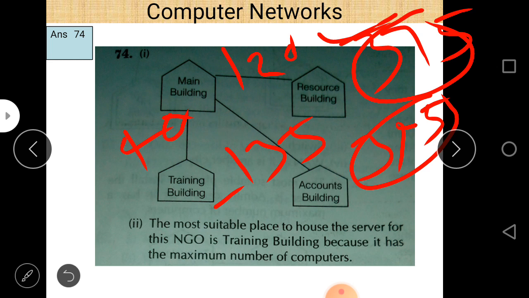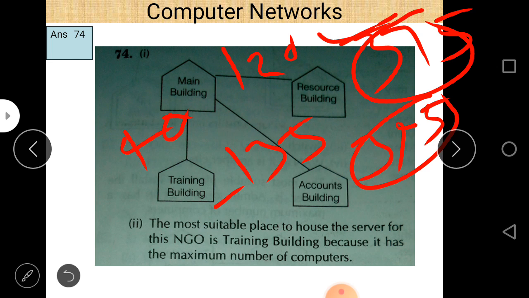All buildings should be connected to each other, and then take the minimum length available among the different options, and that option which contains the minimum length is your answer. Sometimes you may connect the server house directly to the other buildings in one case and indirectly in a second case, but the difference is only about 10 or 20 meter in cable length. That is not a matter; in that case both the answers are correct.